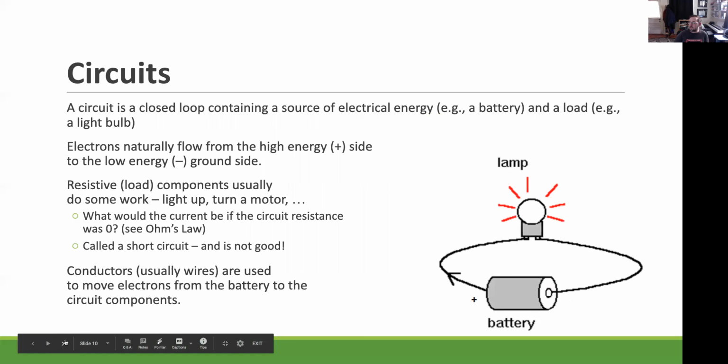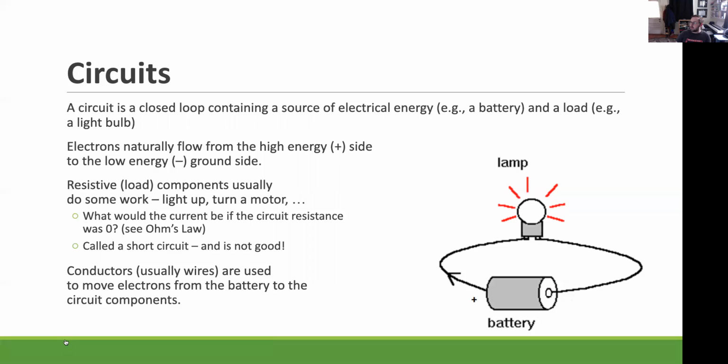So these circuits, as I mentioned, these things happen in a cycle, going around and around. So this diagram that we had from the first slide here, we have the battery with the electrical current moving. It goes into the lamp, powers the lamp, which has a little bit of resistance built in, and then goes back to it.